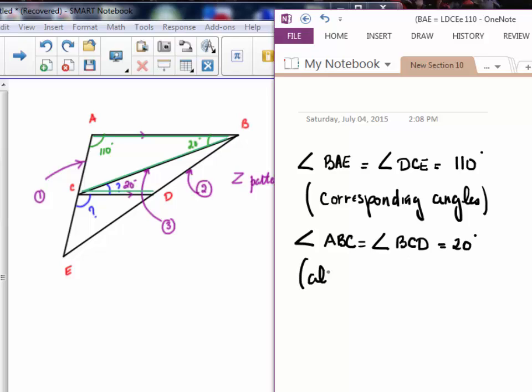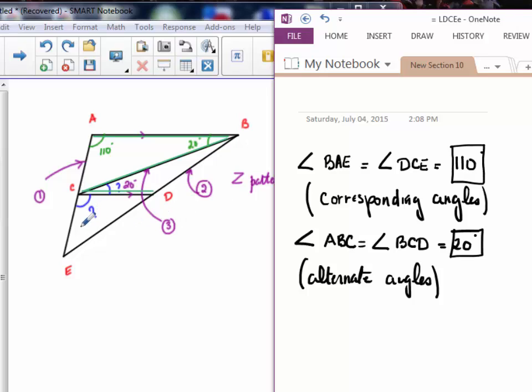Why? Alternate angles. So I found the value of the two unknown angles. The first one was ECD, 110, and the other one was BCD, 20 degrees. I mentioned the reason for the teacher. Now I can get the full marks, 10 over 10. Why? Because I found the value and I found the reason why they are equal.